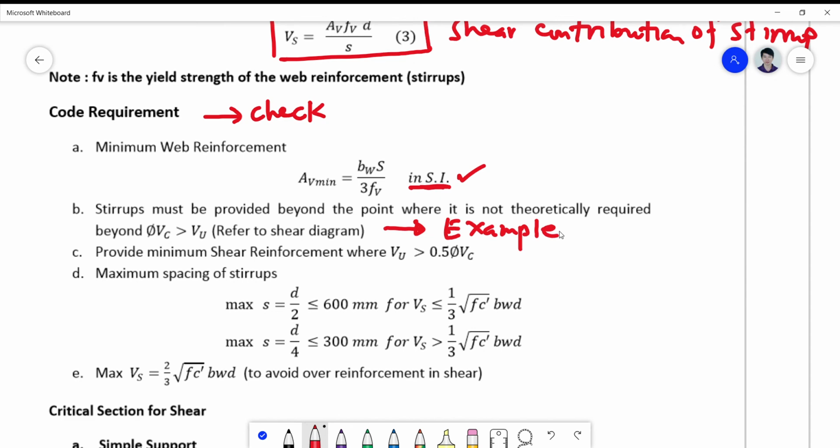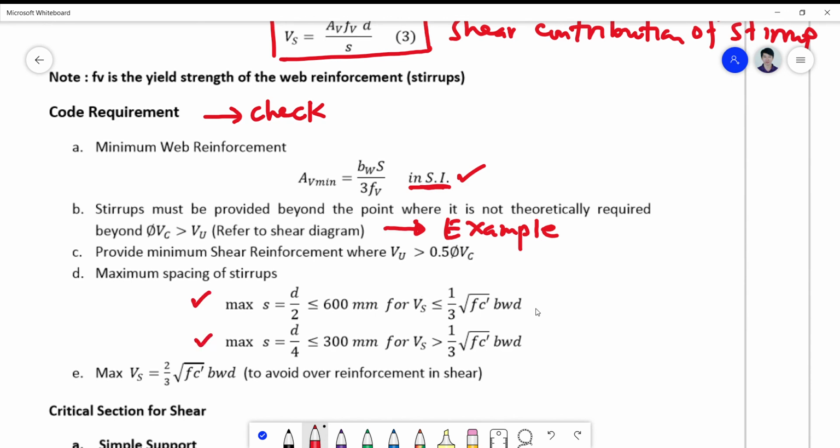So provide minimum shear reinforcement where Vu is greater than 0.50 of Vc, and we have to have a maximum spacing on the basis of Vs. So Vs must be less than or equal to 1/3 of square root of f'c bw d, or Vs greater than 1/3 of square root of f'c bw d. So we have to satisfy both, in case these are checked.